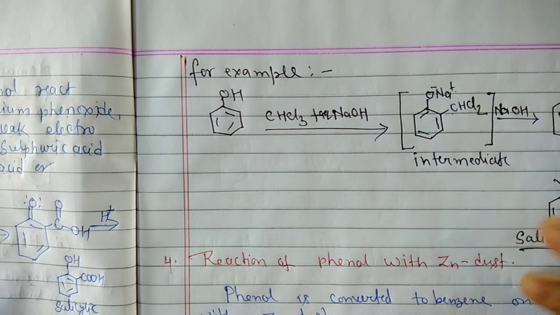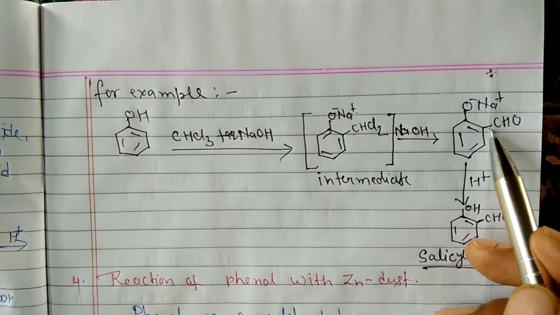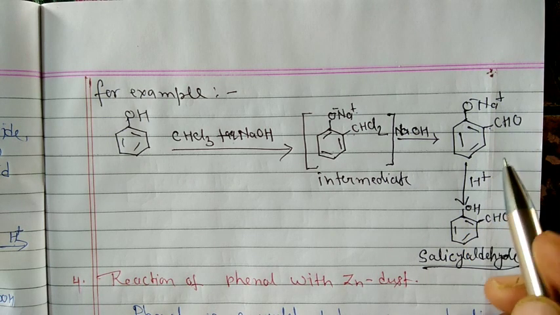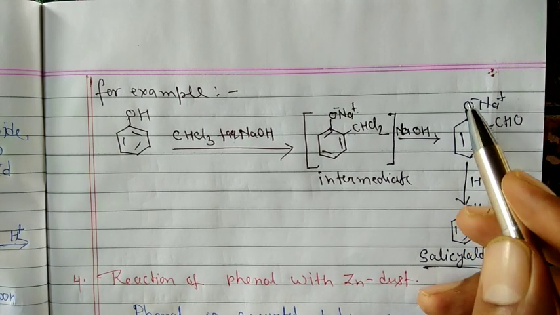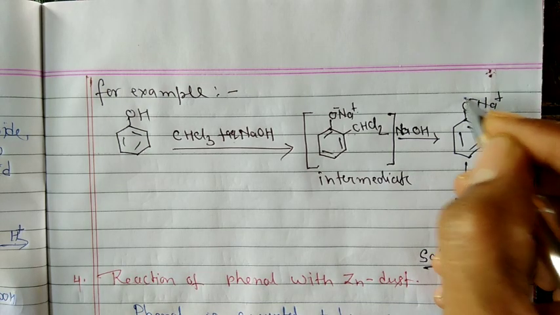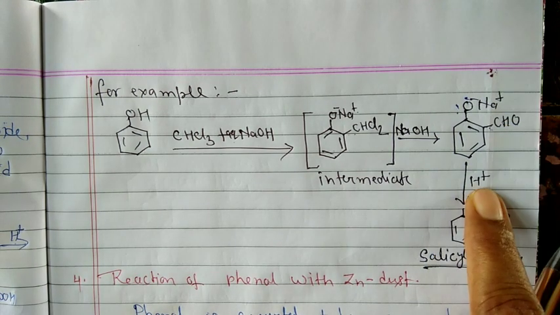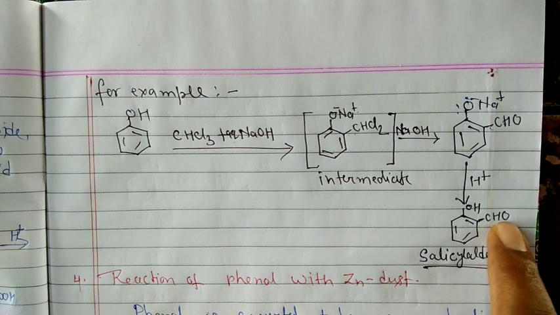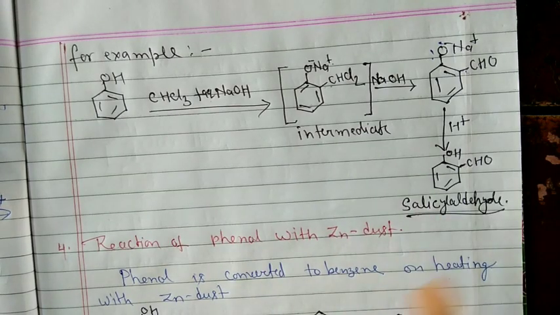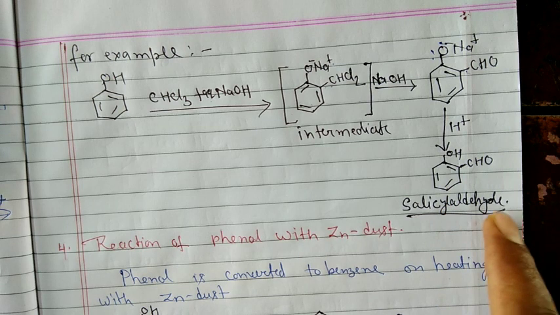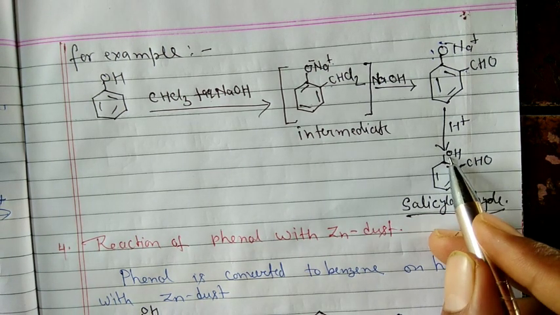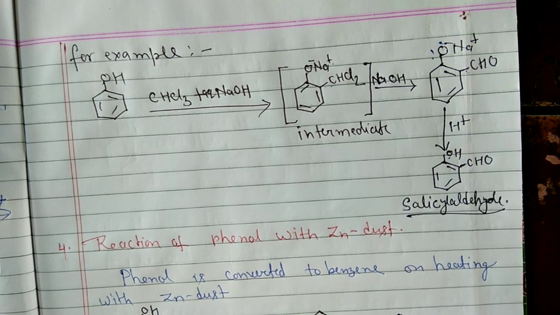A CHO group is introduced at the ortho position after hydrolysis in the presence of alkali. So this O having a lone pair of electrons accepts the proton to form phenol containing a CHO group. So the name will be salicylaldehyde, you can also write 2-hydroxybenzaldehyde.